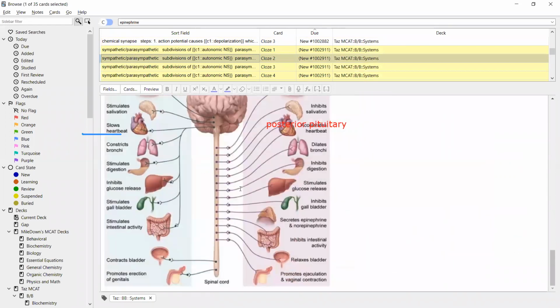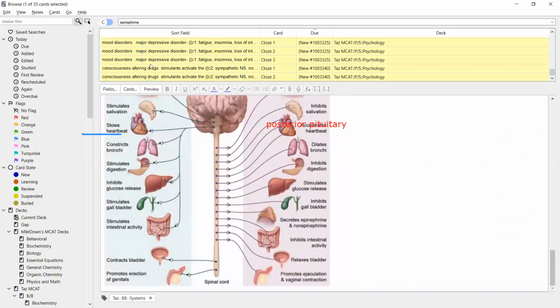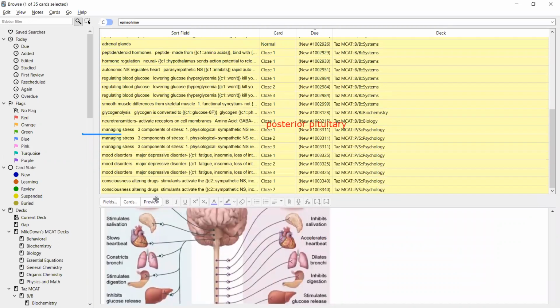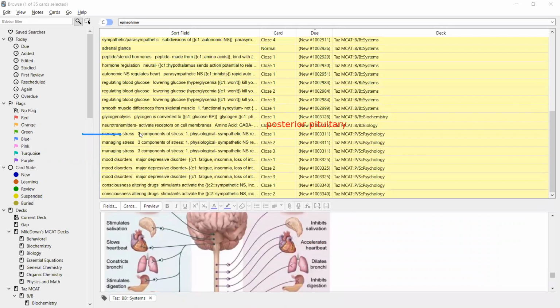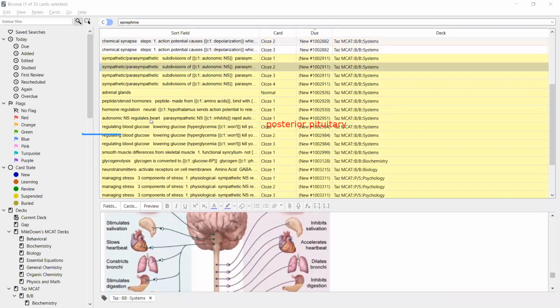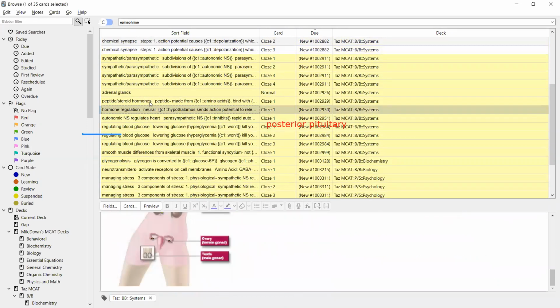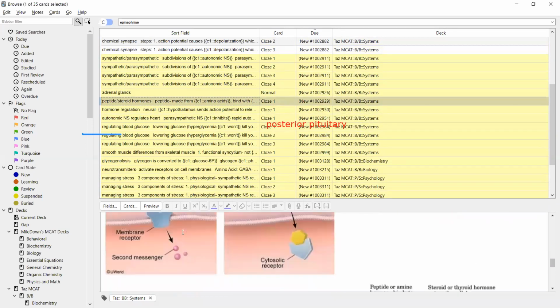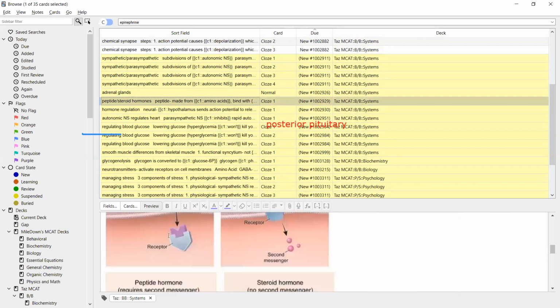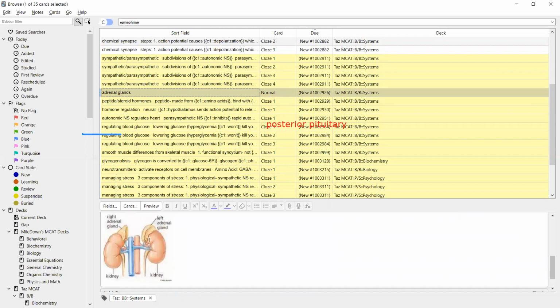My question right now is how the epinephrine is actually signaled to be released. Is it through hormones, or is it just on its own?